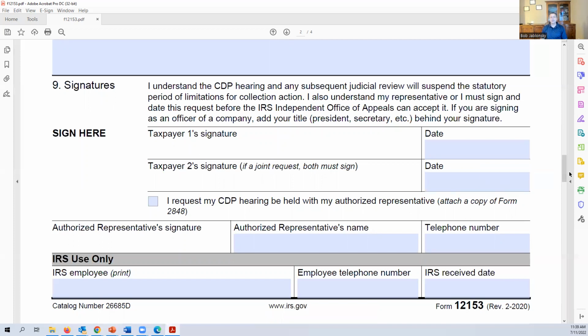Remember that you're going to attach a copy of the notice that is the trigger for you requesting this CDP hearing, and you're going to want to send it to the address on the notice of federal tax lien or the final notice of intent to levy.